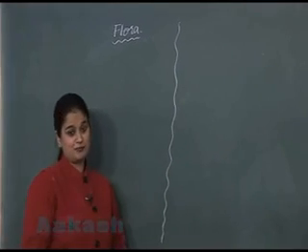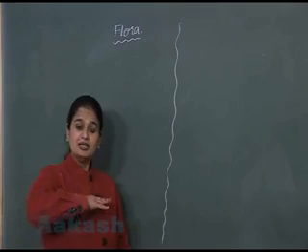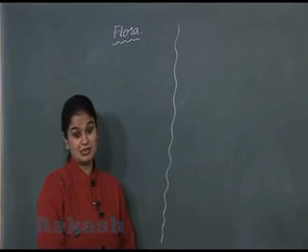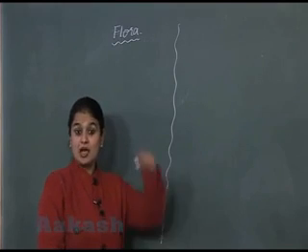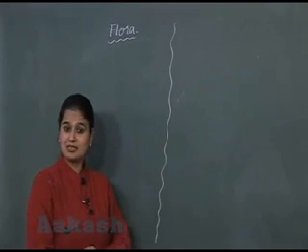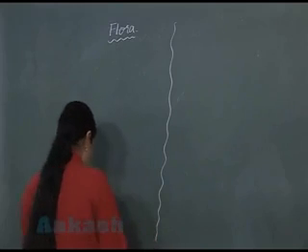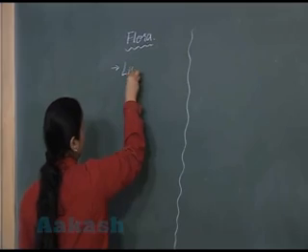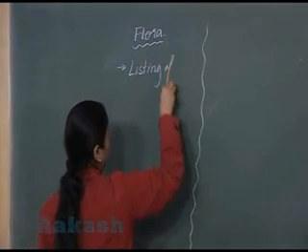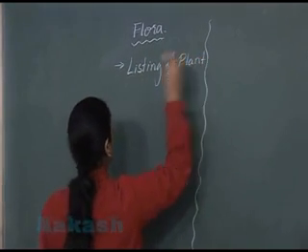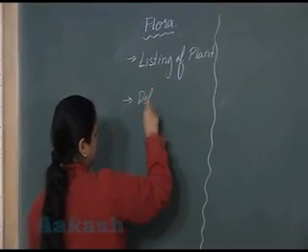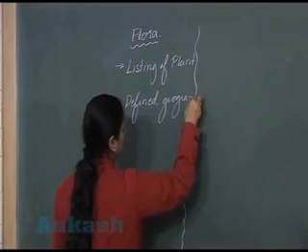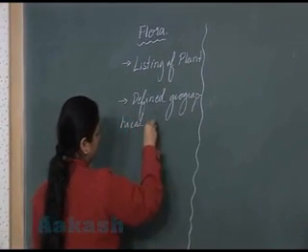Flora is a book which gives the information of different types of plants present in a particular area. Means it is going to give the information about listing of plants in an area. So what is flora? It is a book which provides information about listing of plants in a defined geographical area.